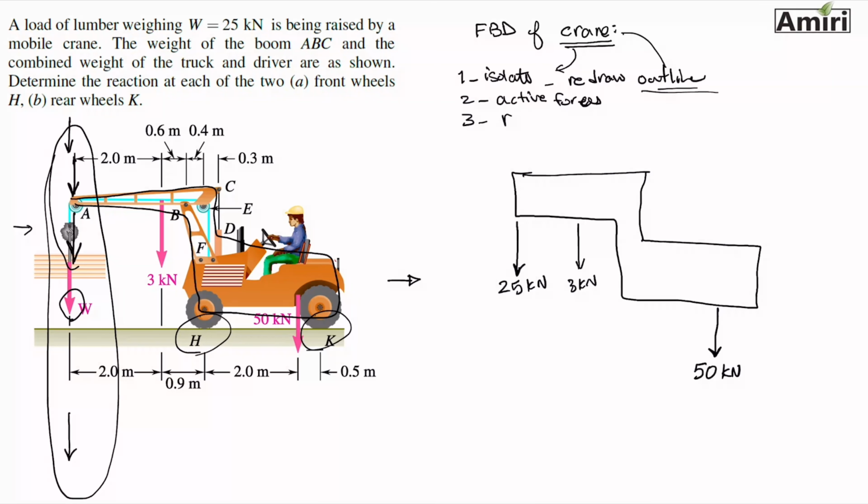Then I move on to my last step of the free body diagram, drawing all the reactive forces and moments. These are the forces and moments created by supports, created by constraints, as a result of those active forces on the body. There are 2 points of contact here. These are known as a smooth surface, same as a roller.